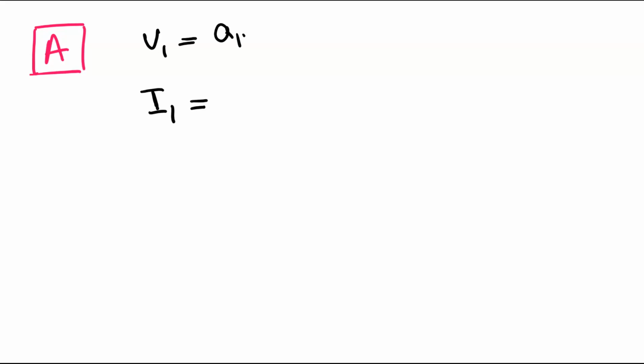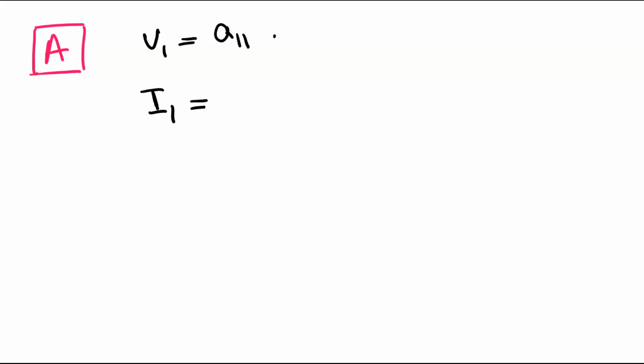Okay, so for A, which has my output parameter as independent one, I can describe V1 and I1, which are my dependent variables, in terms of my independent ones. So this is how it looks like.